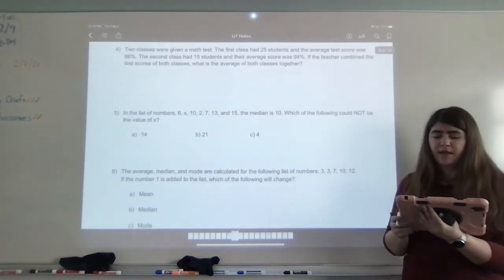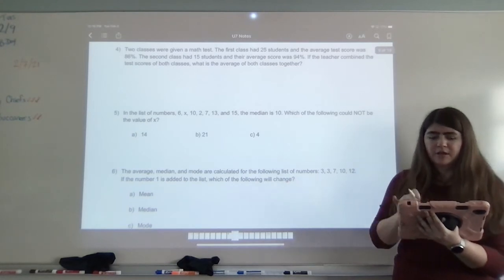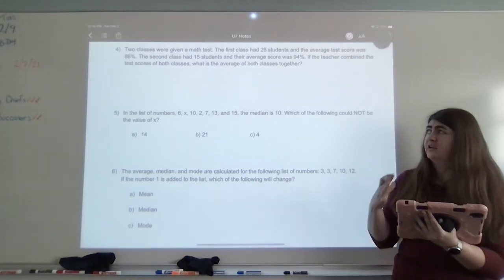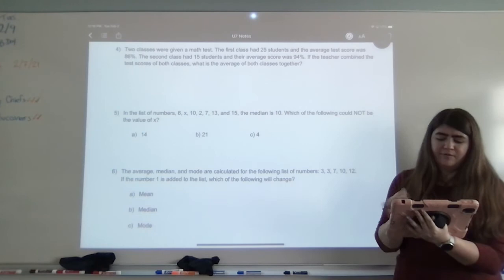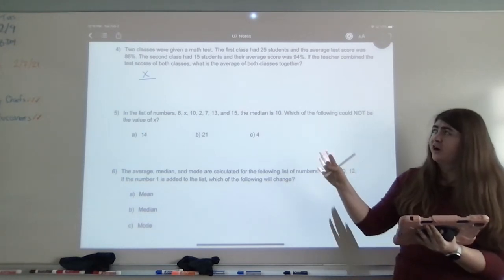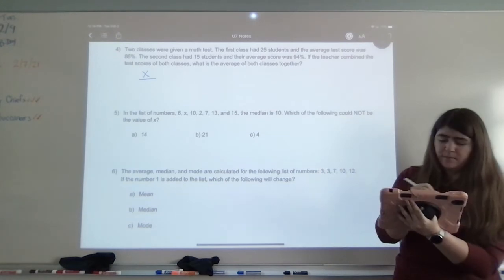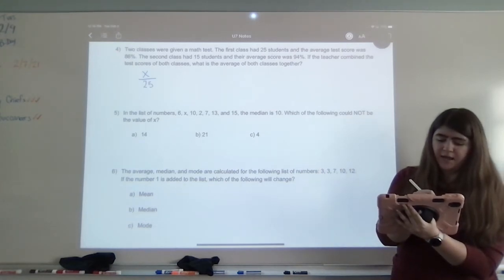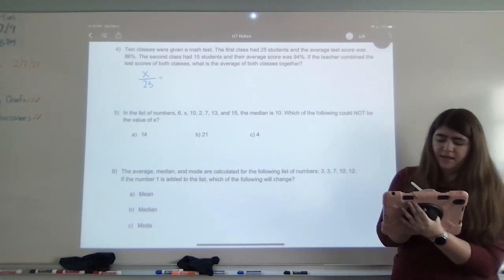So in order to do that, you have to do a little unsolving before you can actually solve for a new average. So I have some number as my sum of all the test scores divided by the 25 students in the class is equal to that 86%.